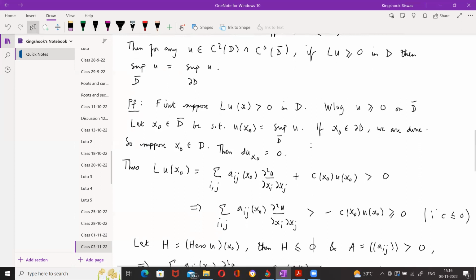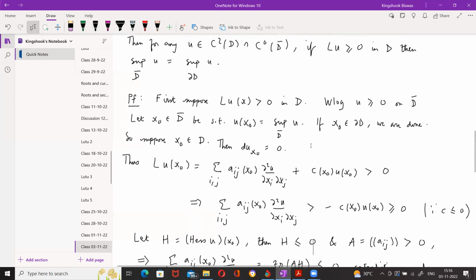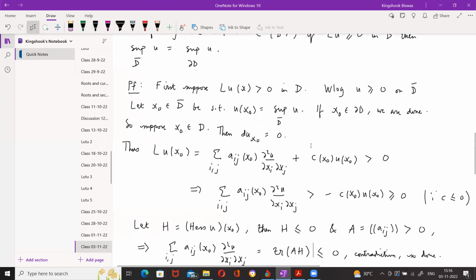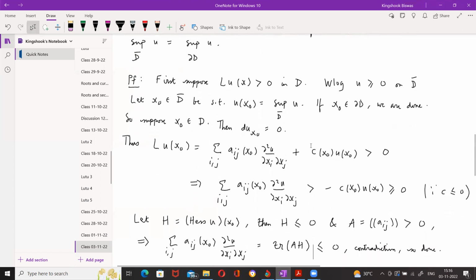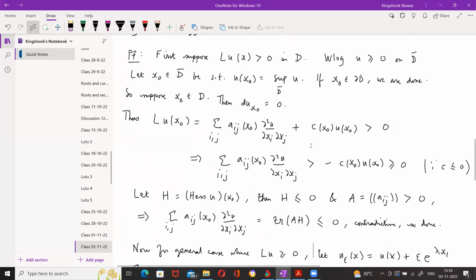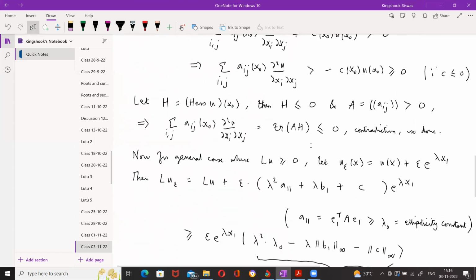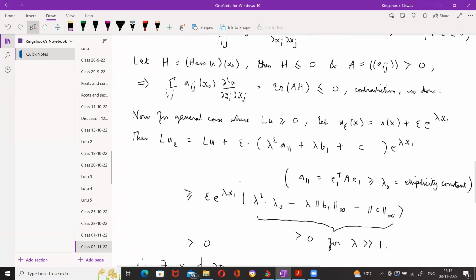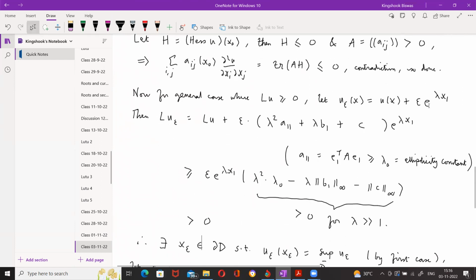The problem is the second part, the general case, where you want to construct these U epsilons whose Laplacian is strictly positive by adding some function, like this e to the lambda x1. The problem is what function do you define on a Riemannian manifold? I don't have global coordinates x1 to xn. I can't define such a function globally, right?